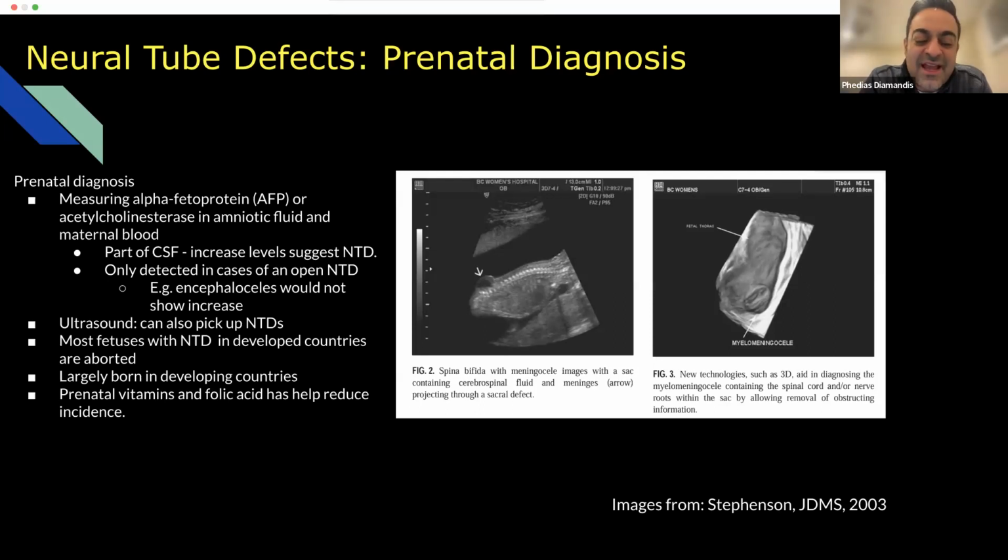You can, however, detect most of these, as we saw in previous slides and in this one too, using advanced imaging. Ultrasound can pick up neural tube defects.